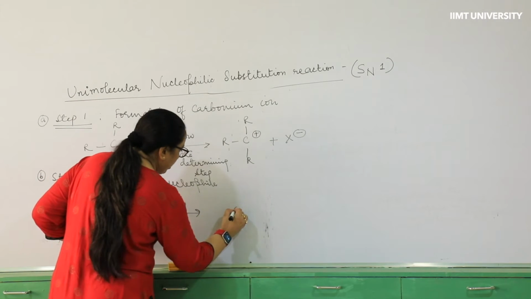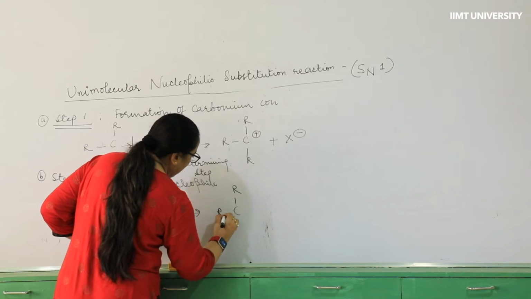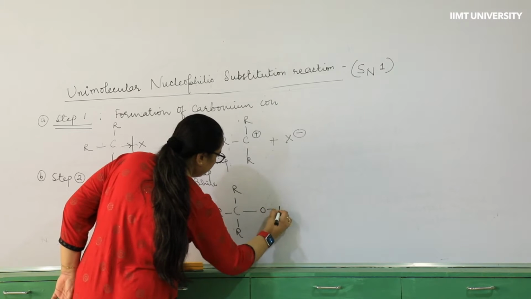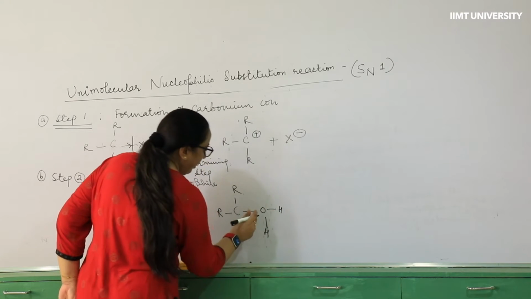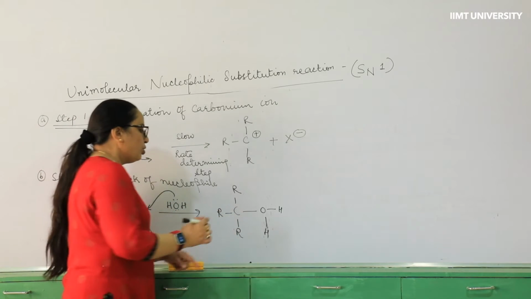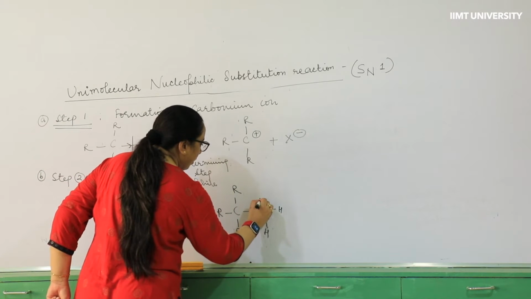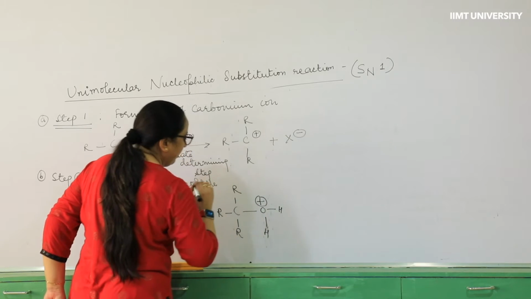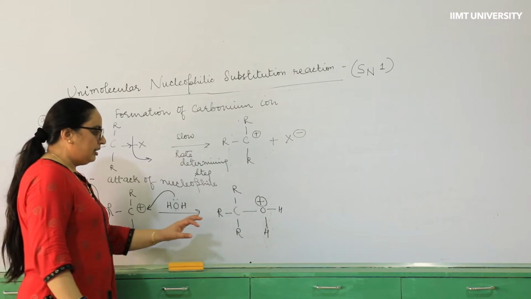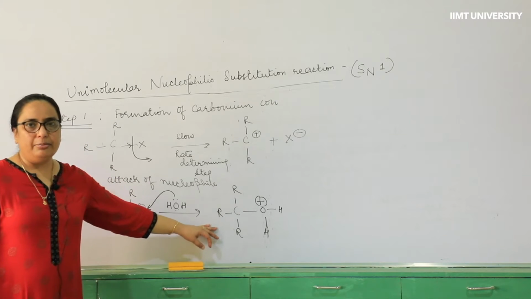So the structure will be like this. As one lone pair of electrons is lost in making this bond, there is a deficiency of electrons over the oxygen, so it will become positively charged. This is one of the unstable intermediates.